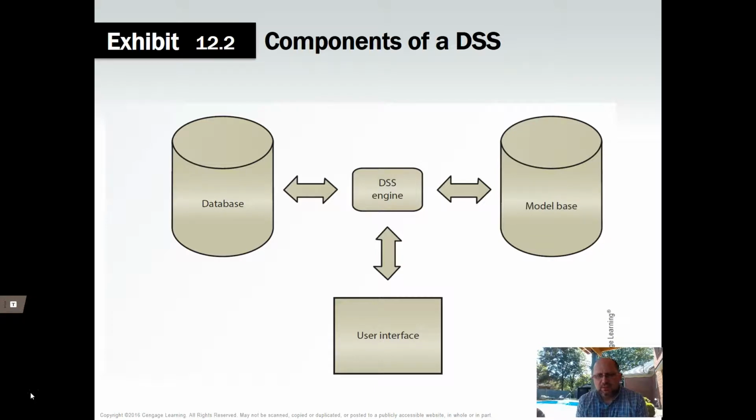So that's some kind of a GUI, a graphical user interface, where you can key in certain information into your model, and then the engine takes that input from us, pulls the data from the database, as well as takes a look at the model that says, based on this data, based on this criteria, this is our recommendation, or this is the output of our DSS.